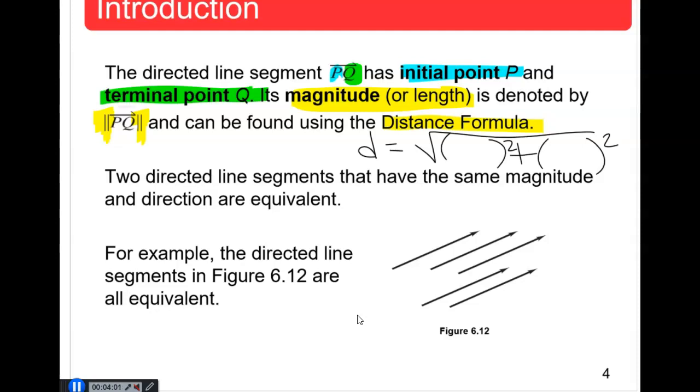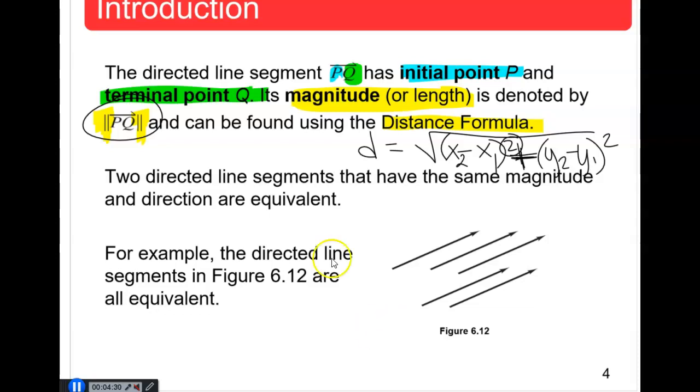In this case, we're going to use the name of the vector and, of course, those two vertical lines on each side. And we're going to be finding the difference between the x coordinates and squaring that, and then adding that to the square of the difference of the y coordinates, like so.